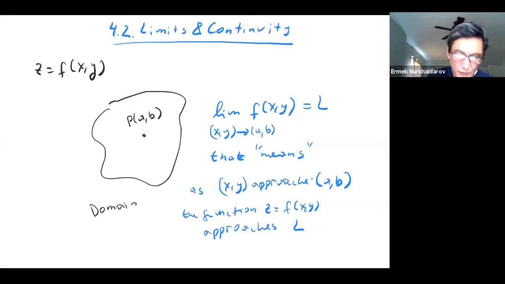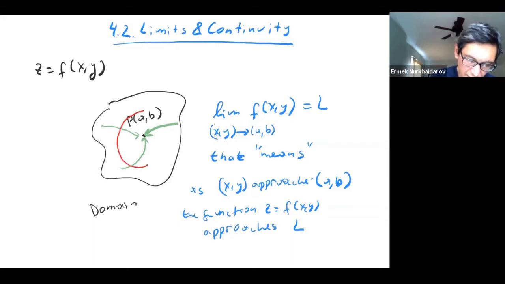If you look at what is going on in the domain, when we're saying x and y approaching a and b, you want to be careful about what we're saying here, because we can approach it from below, or from a little bit to the right. We can approach it this way, or in all kinds of weird ways.